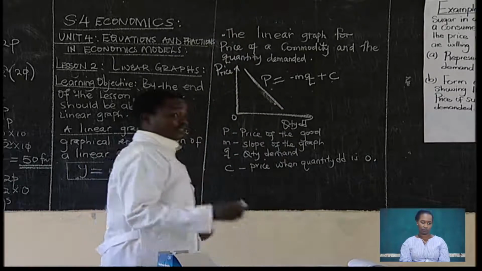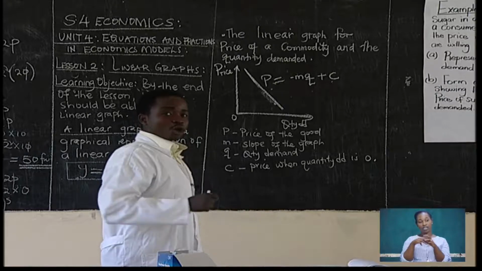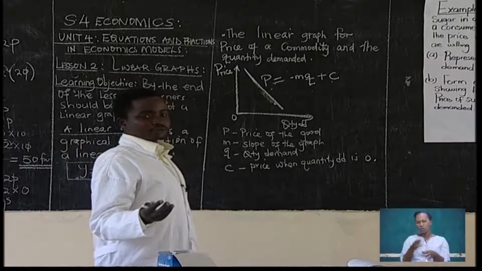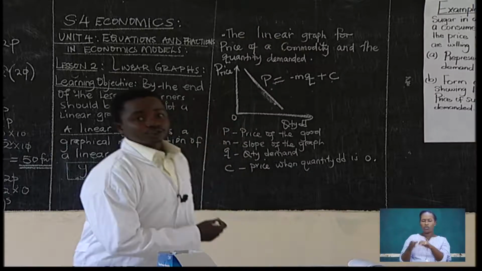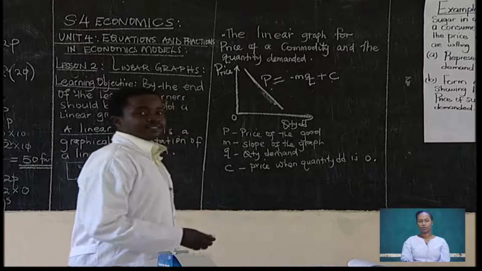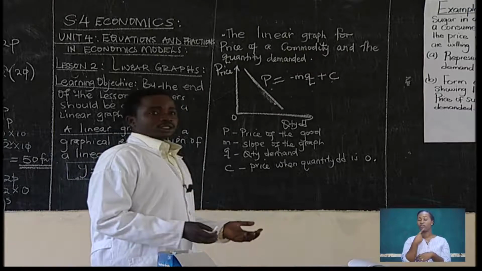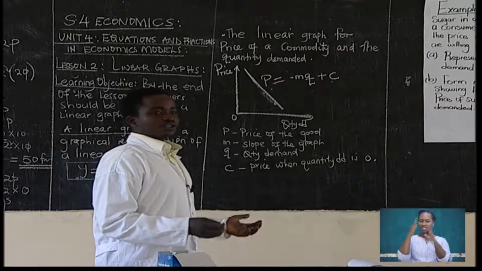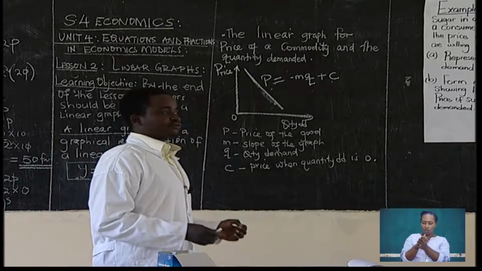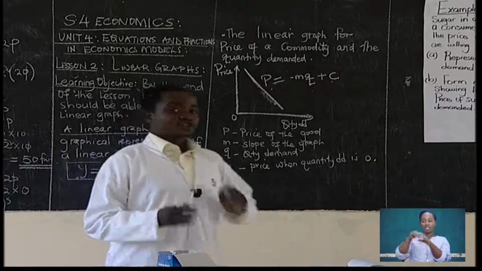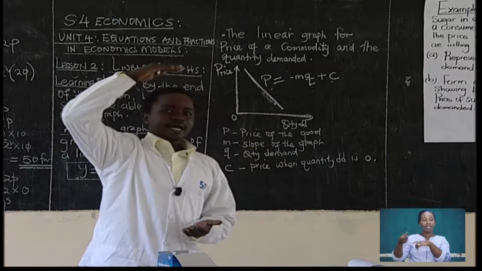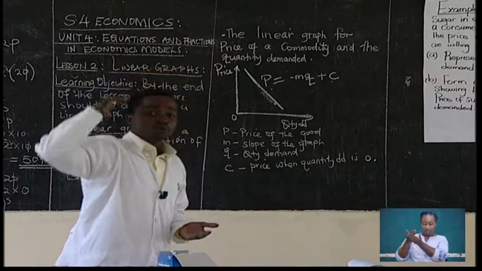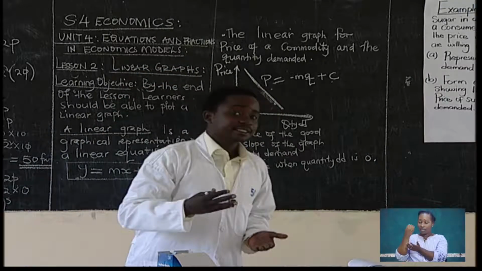So, for example, in the case of a normal good, what is a normal good? Can you remind me, please? Somebody is saying a normal good is a good whose consumption increases as income of the consumer increases, meaning that its quantity demanded increases as price increases. A normal good violates the law of demand. You have to know that.